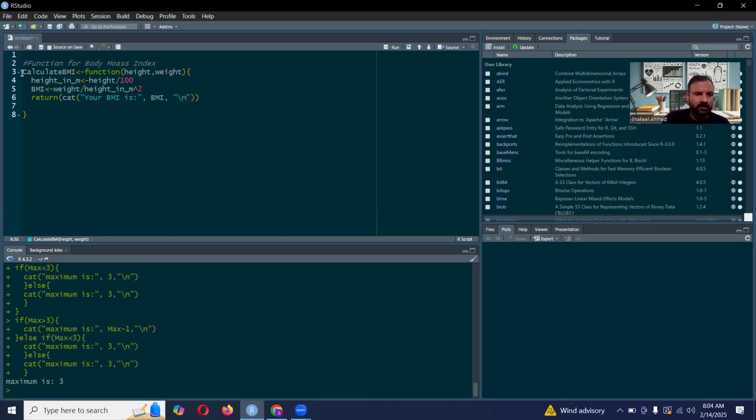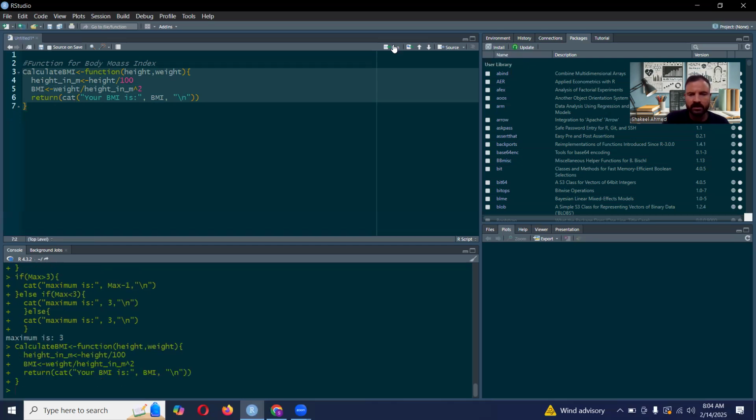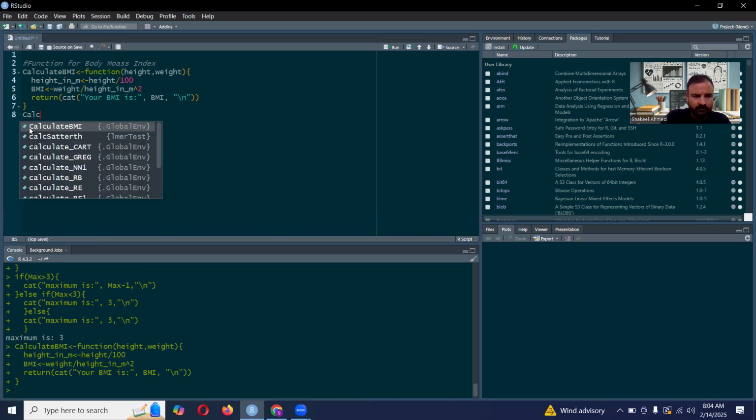So let's see whether this function is working or not. So this function is working perfectly. And if you want to calculate your BMI, you can just call calculate BMI.